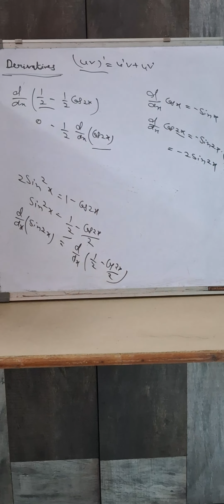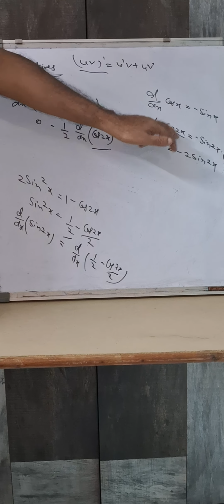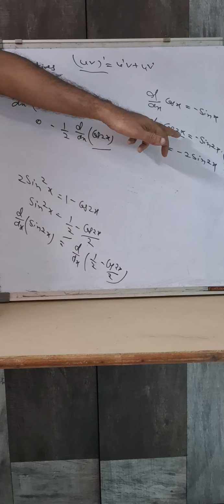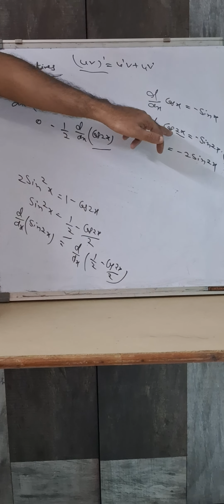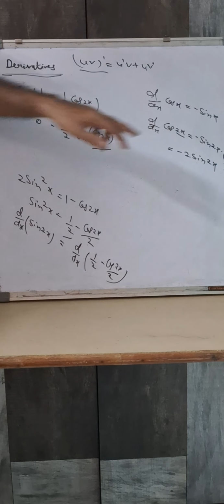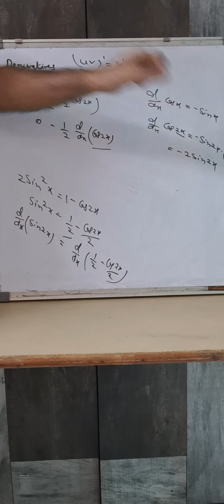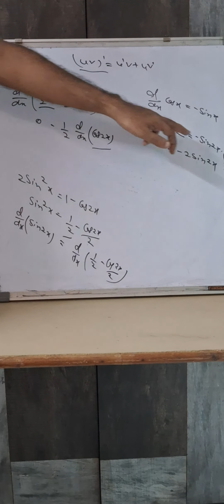How will I get it? First differentiate assuming that it is x. When we assume this is x, then cos x will be minus sin x. So 2x stays as it is, then we differentiate this also with respect to x. That will be 2.